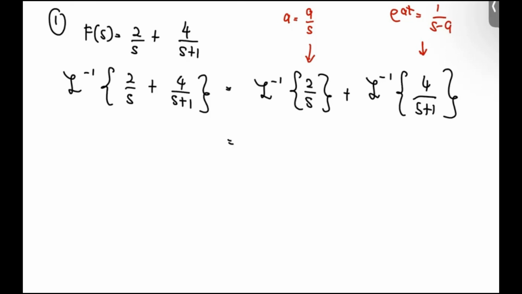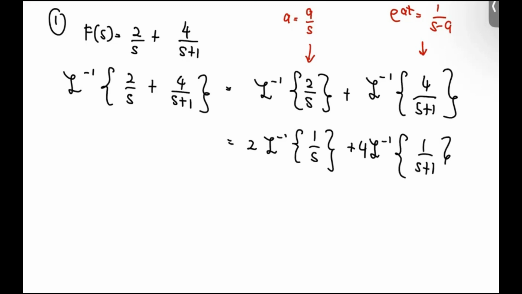All right, so we have 2 over s, so I can put 2 outside. And then here I have 1 over s. So now I can use these properties. And then I have 4 outside, so 1 over s plus 1.